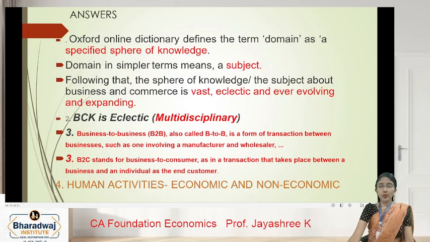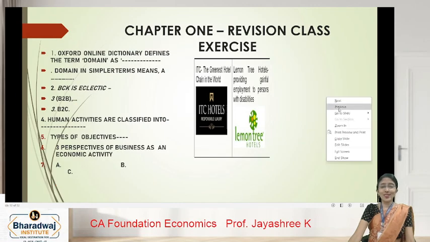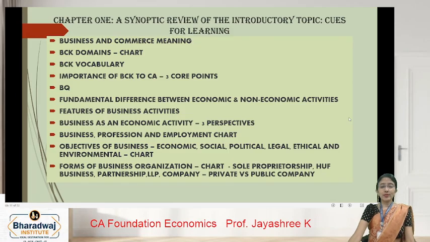Yes, what are the types of objectives? Economic, social, organic, political, legal, ethical, and environmental. I think in the previous slide itself I gave you the answer, if you can see. Did anybody notice? Economic, social, political, legal, ethical, and environmental.